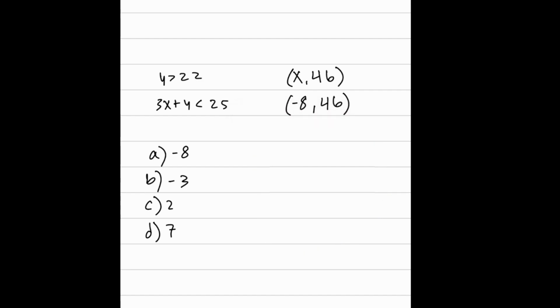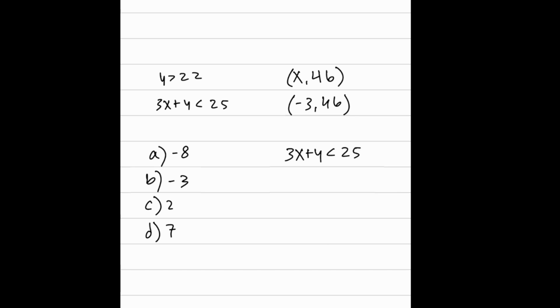But just to see how an incorrect answer choice would look, if we try B, right? X is equal to -3, our point becomes -3 comma 46. So we test both inequalities once again. The first one, y is greater than 22. 46 is greater than 22. That works. Okay, now the second one, 3x plus y is less than 25.